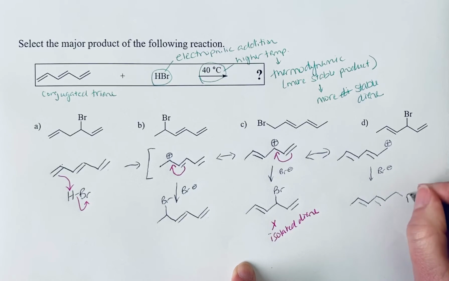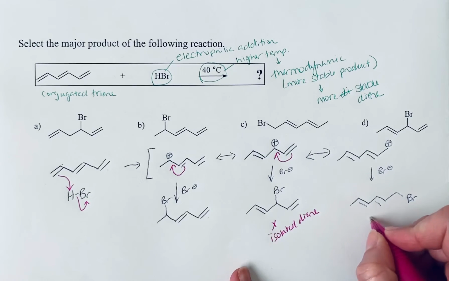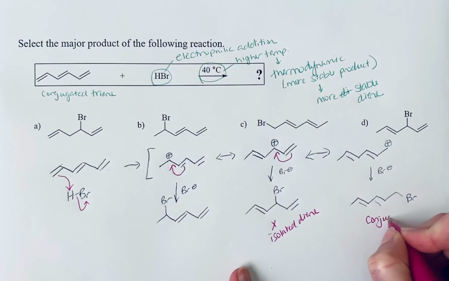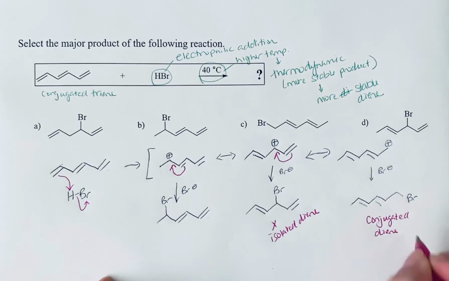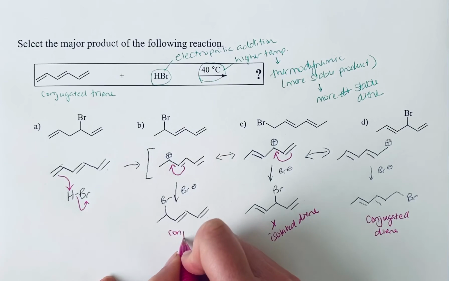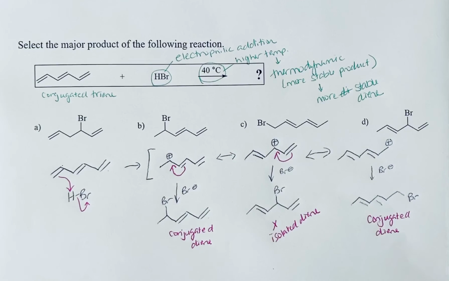So this looks fairly stable. If we want to compare this conjugated diene to the first conjugated diene, these are both conjugated. So that doesn't distinguish them.